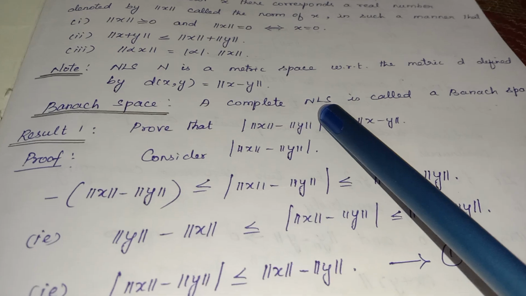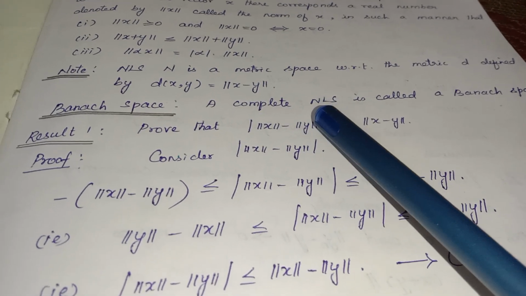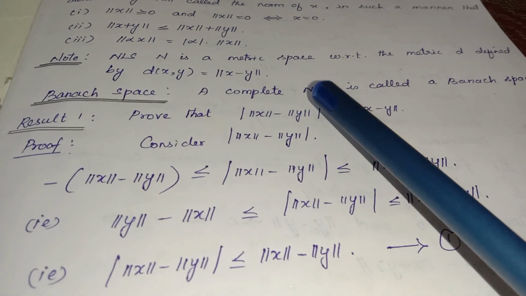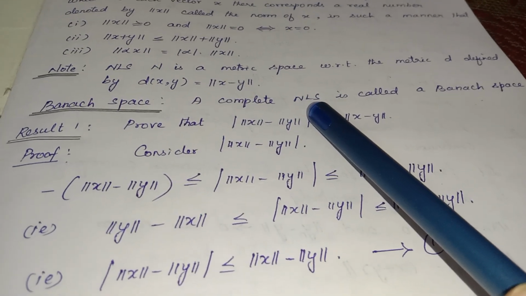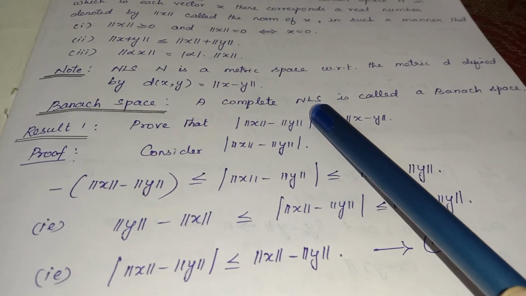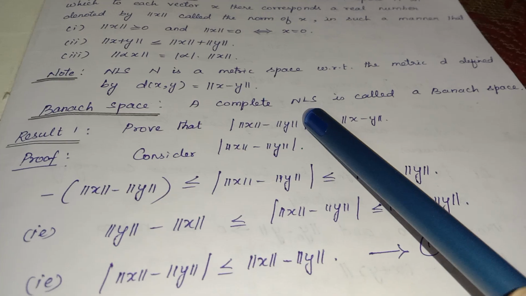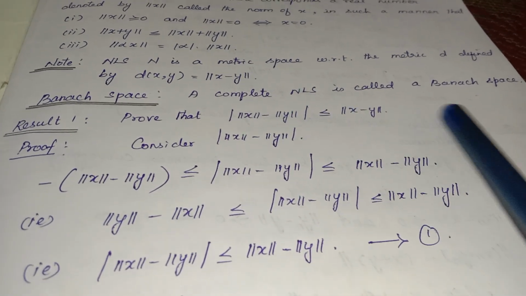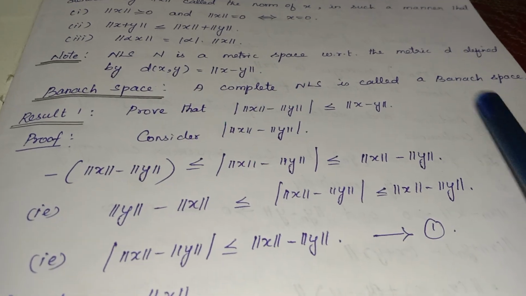That is, if xn is a Cauchy sequence in the normed linear space, then xn converges to some x, and that x must also be an element of the normed linear space. That kind of space is called a complete space, and a complete normed linear space we call a Banach space.